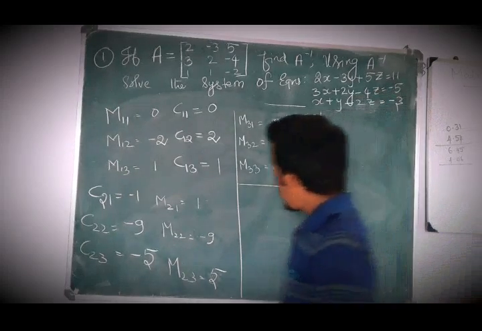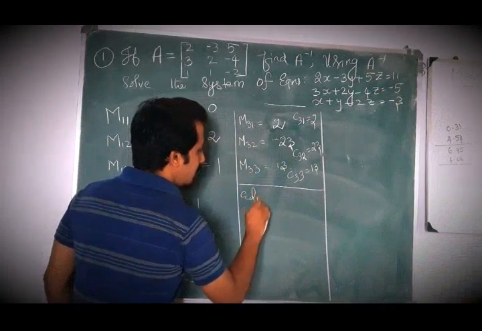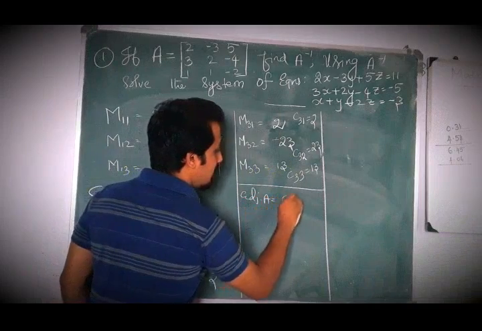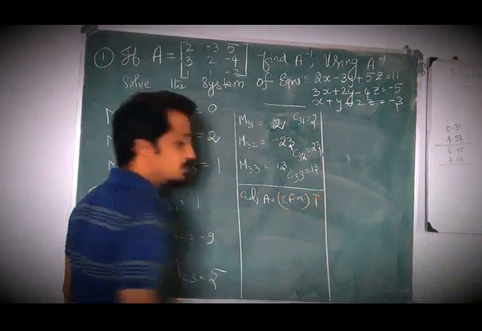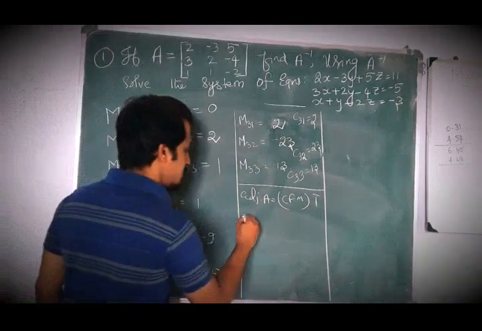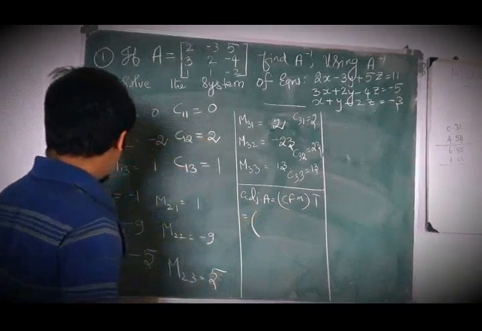Now what is adjoint A? Adjoint A is nothing but the transpose of the cofactor matrix. What is the cofactor matrix over here?